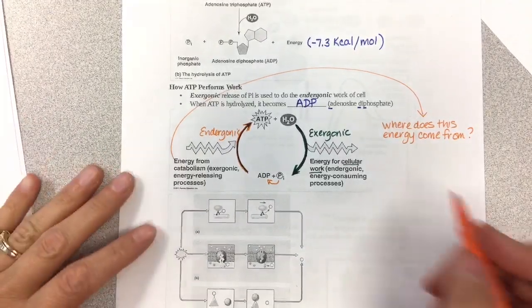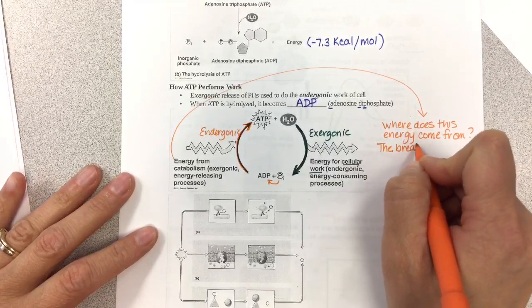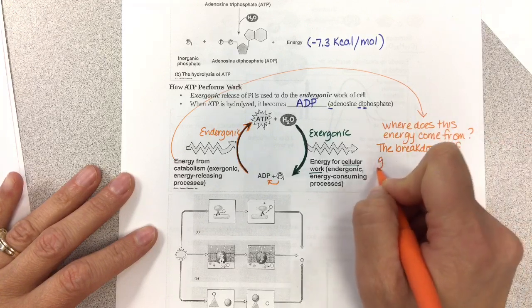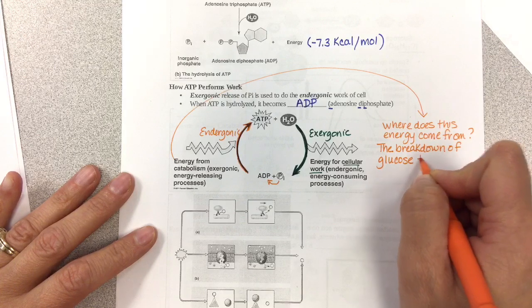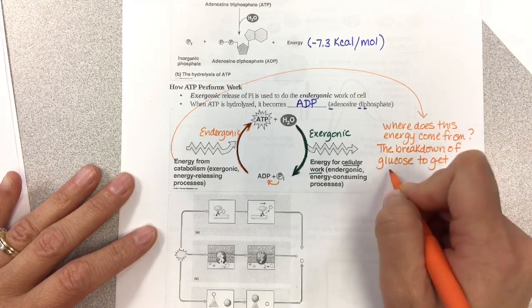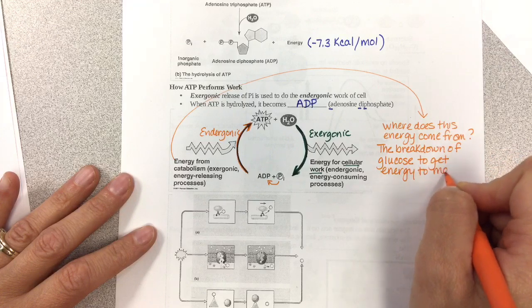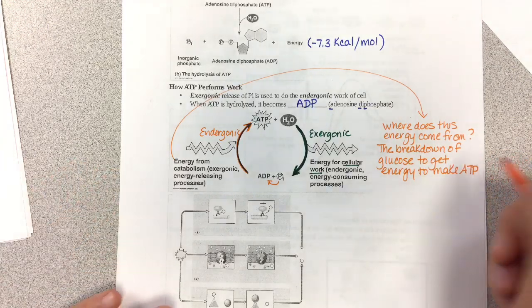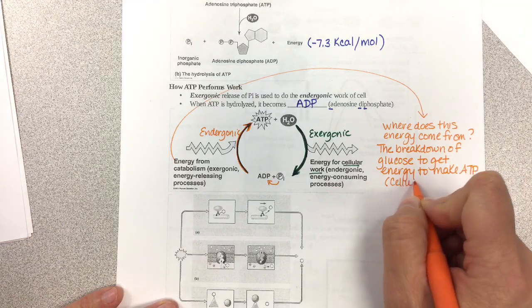It's the breakdown of glucose to get energy to make ATP. And this is called cellular respiration.